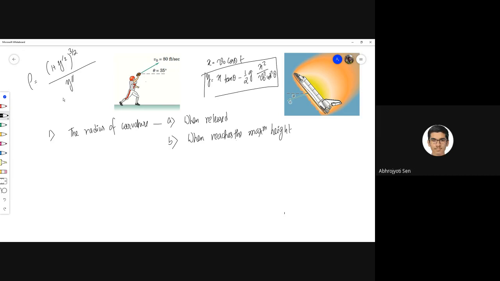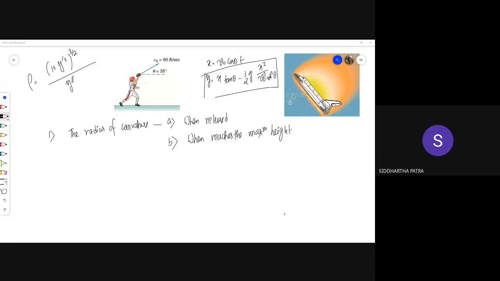Sir, I know that we are doing it in a vectorial form, but the normal acceleration is equal to v square by r. Can that help, sir, in doing this question?